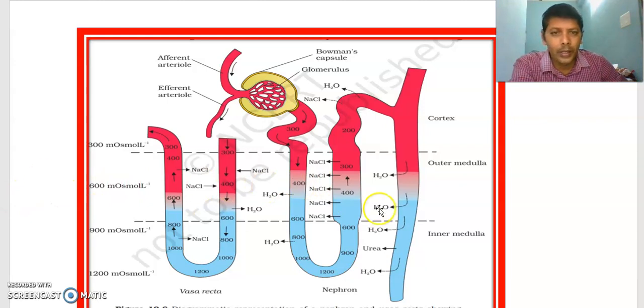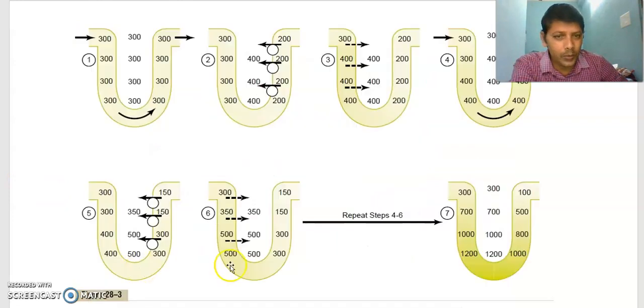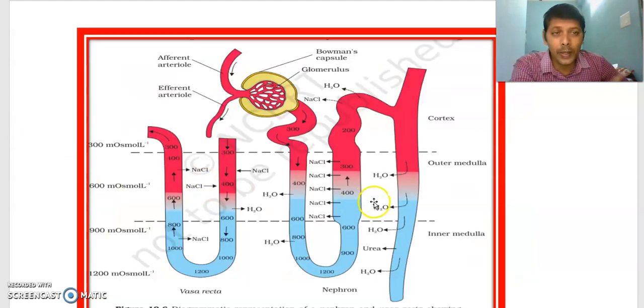It is established by Henle's loop, and it is maintained by the vasa recta, because the NaCl that comes from this part is taken by this part and again returned to maintain osmolarity.